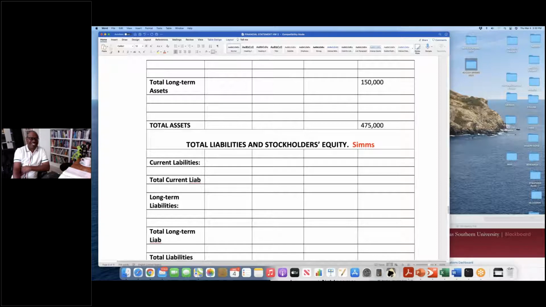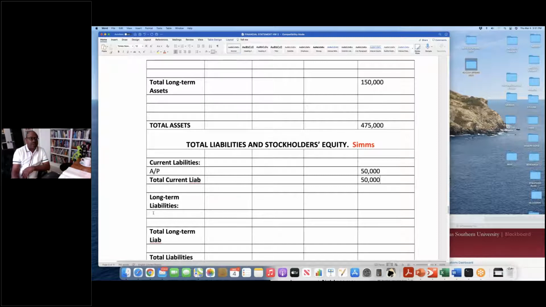For the current liabilities, I put accounts payable for 50,000. And then for the long-term liability, I put note payable for 80,000. So the total current is 50,000.